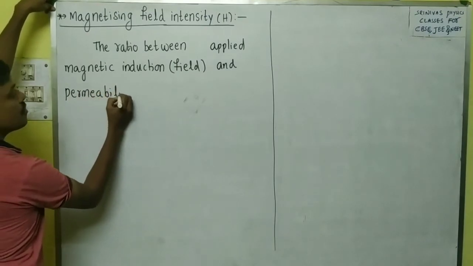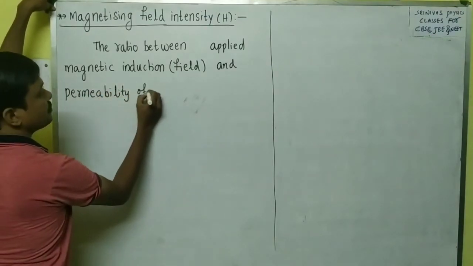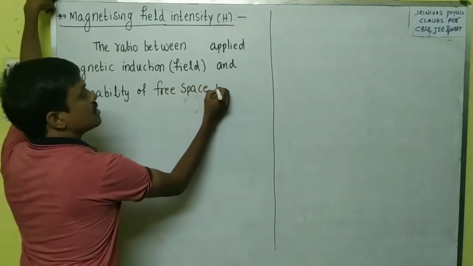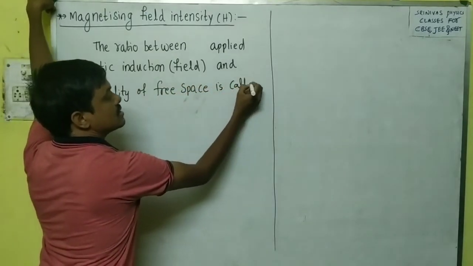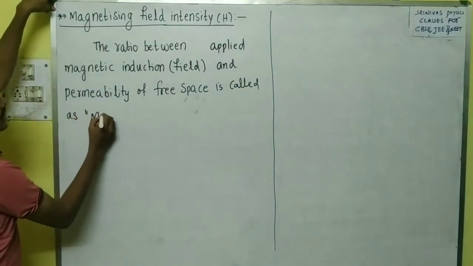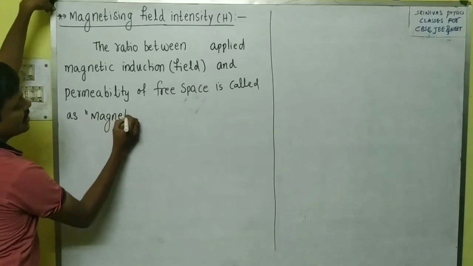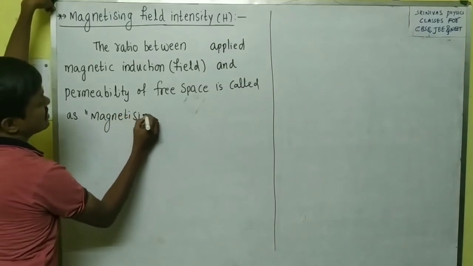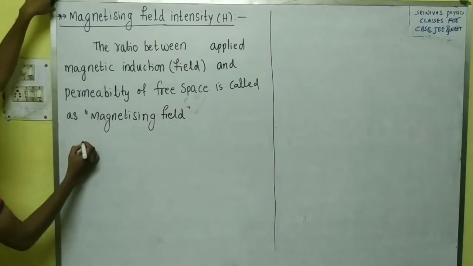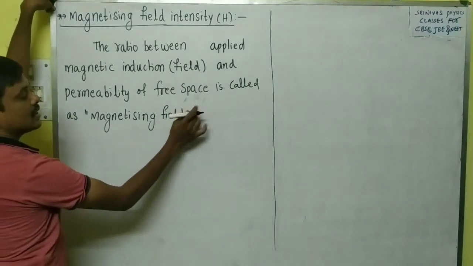Induction or field, both are the same. This ratio is called the magnetizing field, because this field tries to magnetize. It is denoted with capital H.